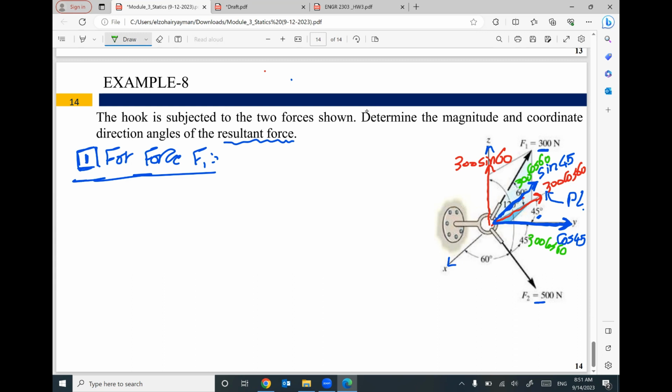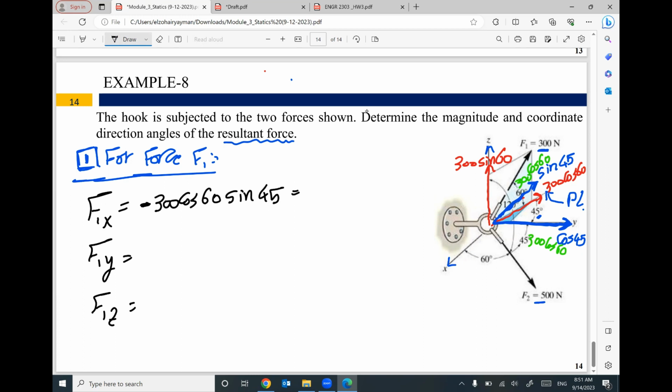So by the end, I can write the F1x, F1y, and F1z components. F1x will be in the negative direction of x: negative 300 cosine 60 sine 45 degrees. For the y component, it will be the positive direction of y: 300 cosine 60 cosine 45 degrees.